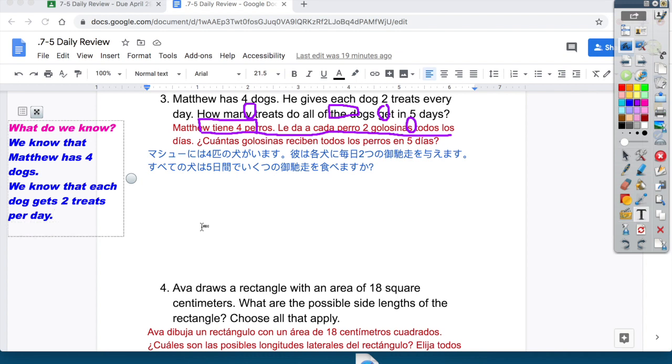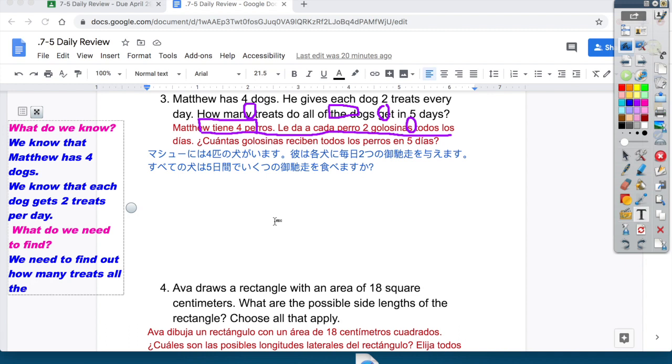And now we want to know what we need to find out. So what do we need to find? We need to find how many treats all the dogs get in 5 days.